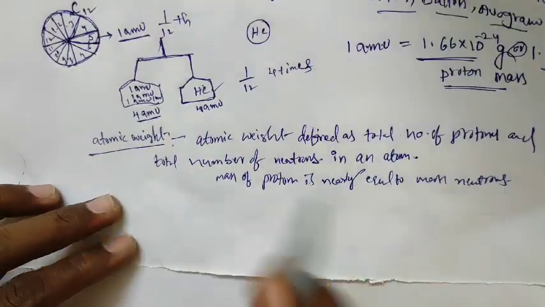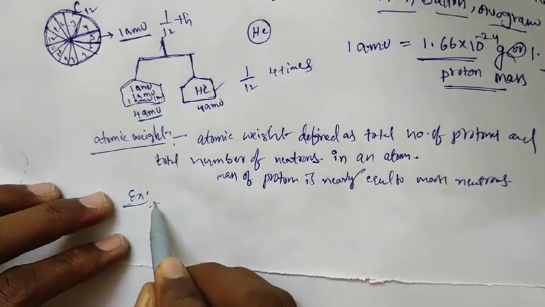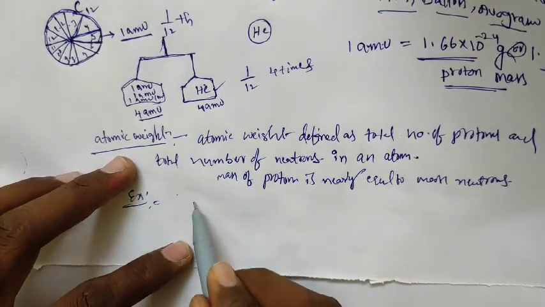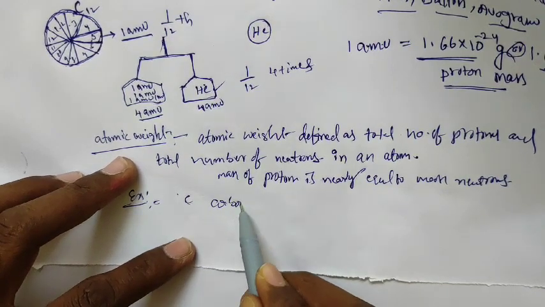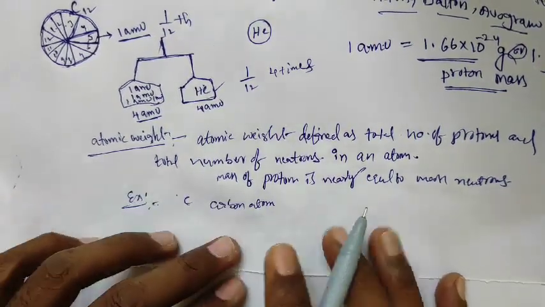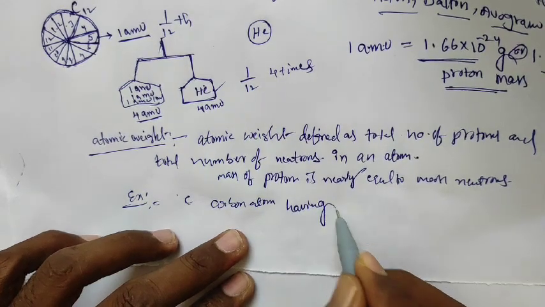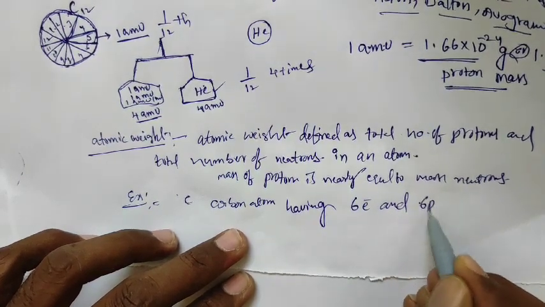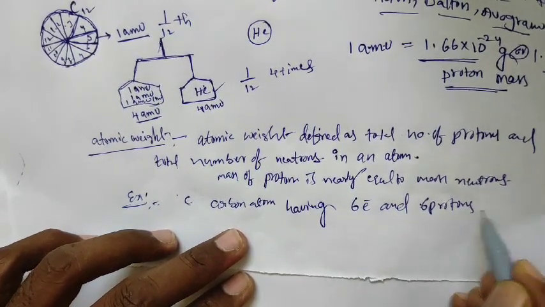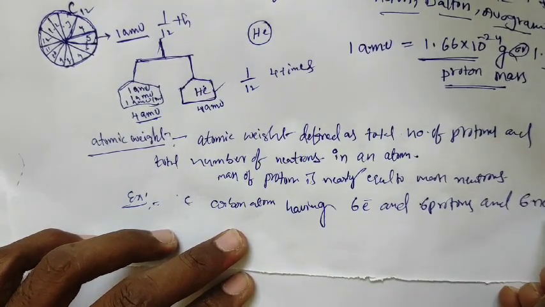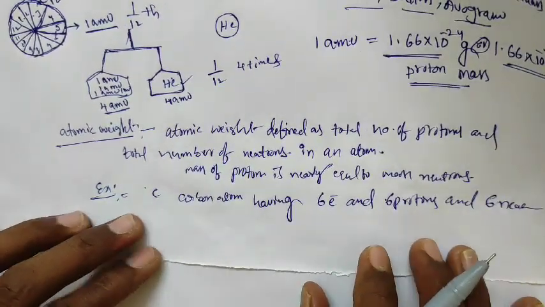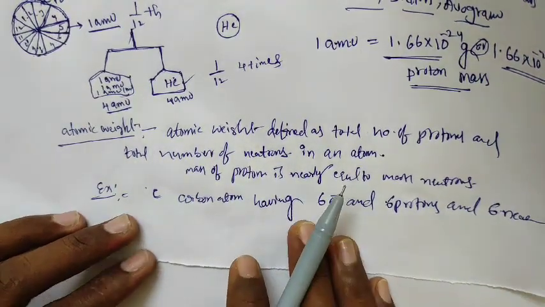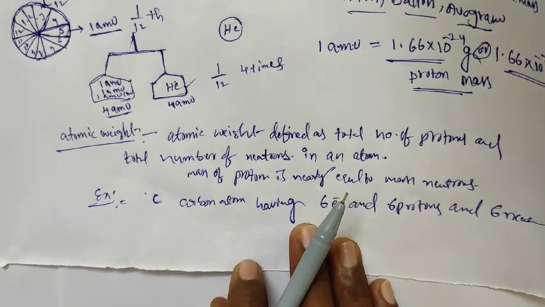For example, we want the atomic weight of carbon. The carbon atom has 6 electrons, 6 protons, and 6 neutrons, so it is the reference element used to calculate the masses of all the elements.